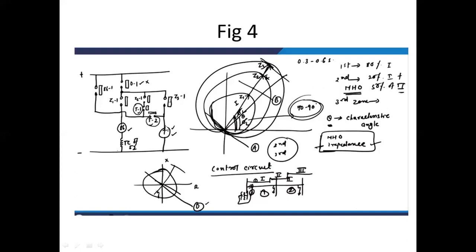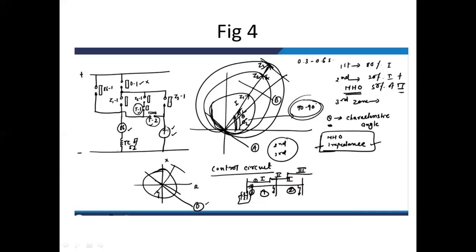Now sometimes we can utilize a different type of characteristic in the case of the distance relay. We will see later on what the different types of characteristics are. We have the Mho type characteristics and the impedance type characteristics.